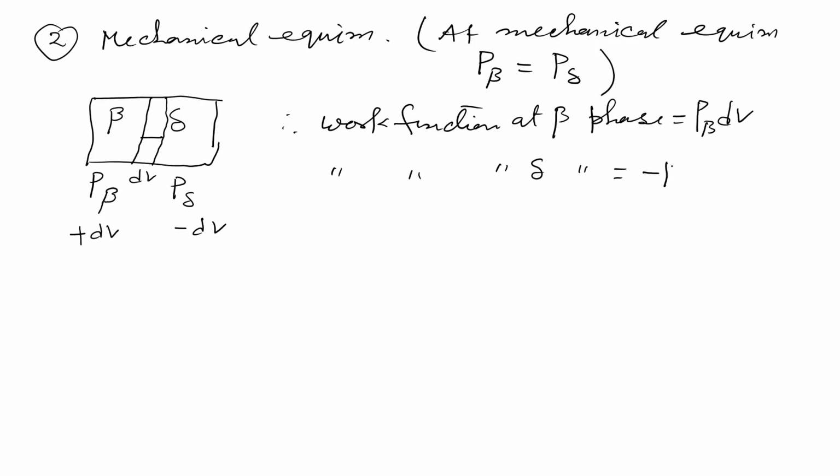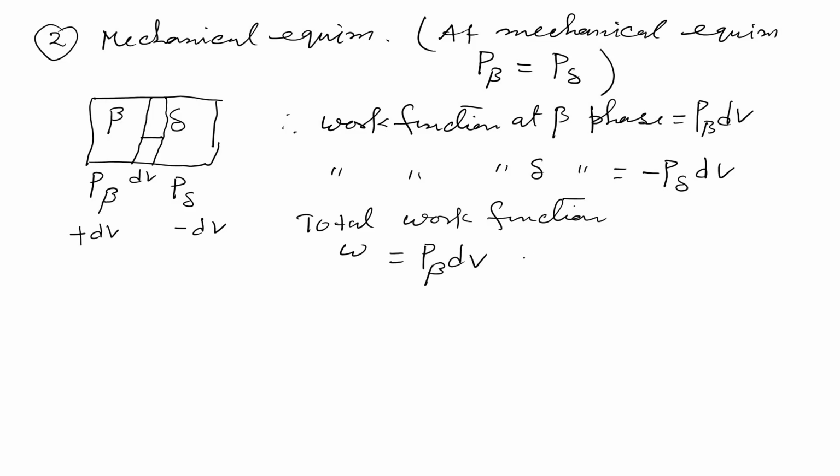So minus P delta dV, right? So the total work function, say W, that will be equal to P beta dV minus P delta dV, right?